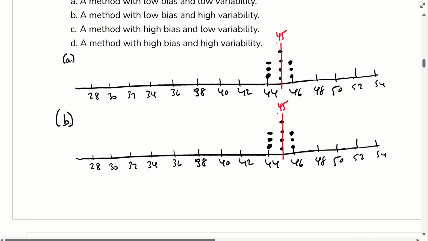All right, so part B is low bias, high variability. So that means that these dots here can be spread out, okay? So let's go ahead and spread those out.